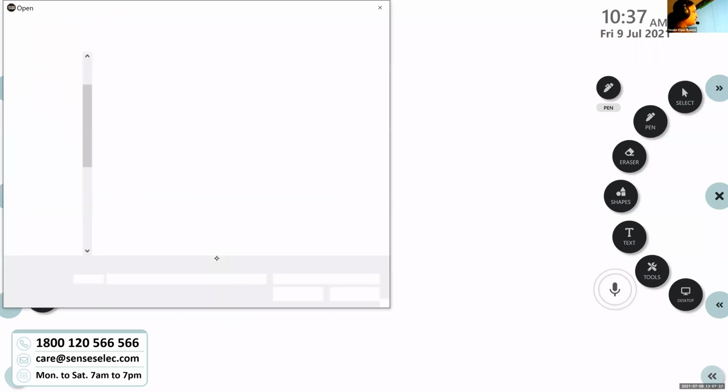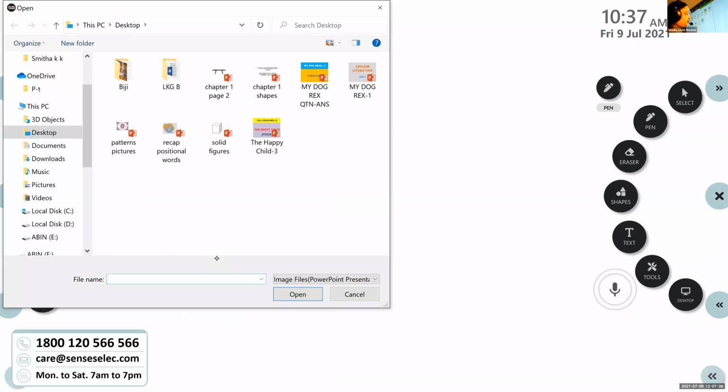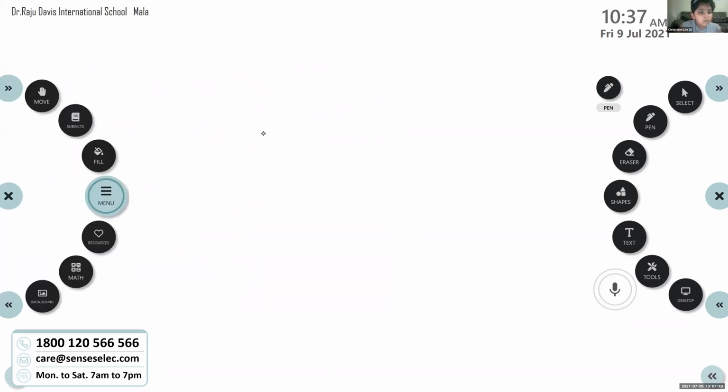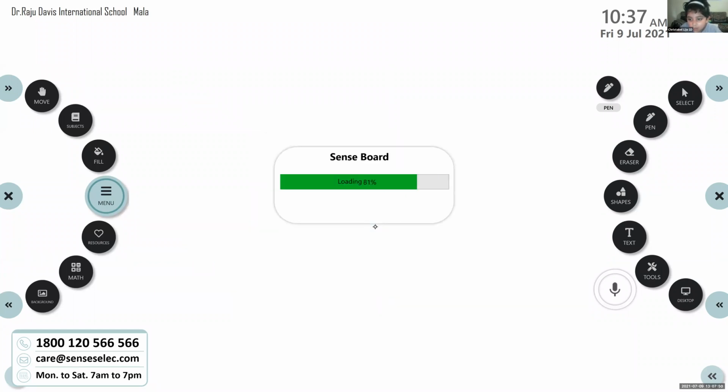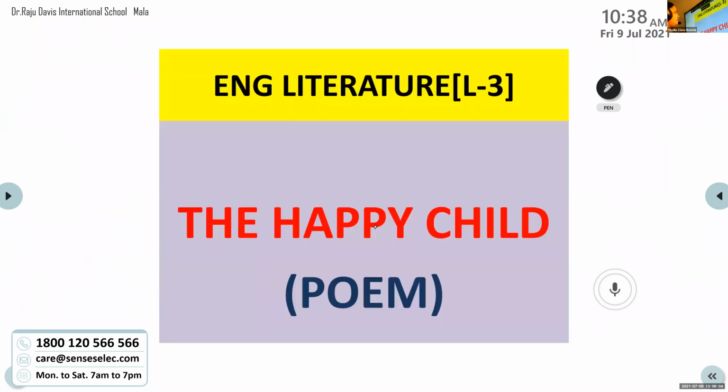I want Christabel to unmute and read the first 2 lines. While Christabel is reading aloud, I want all the others to mute their devices and read the same lines. Yes, Christabel, please begin.